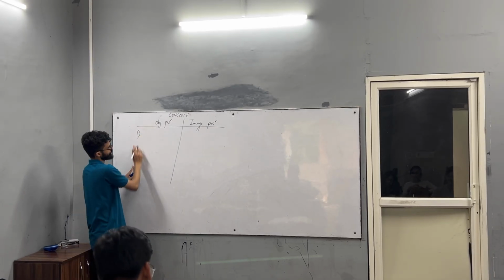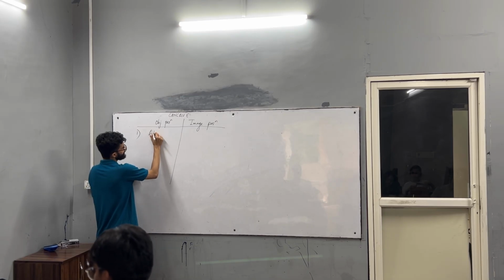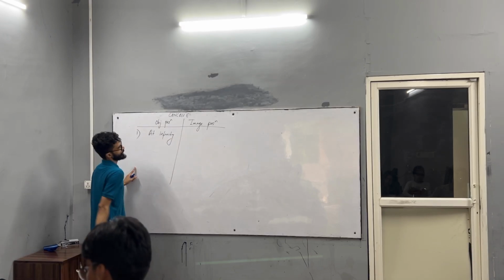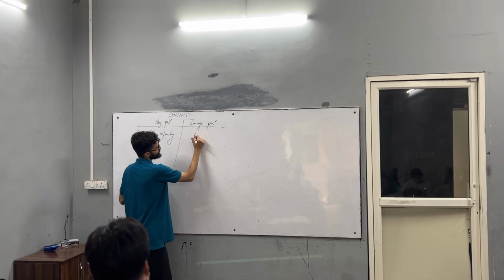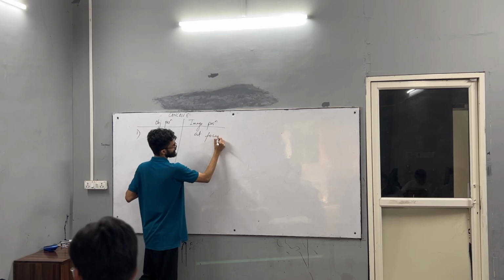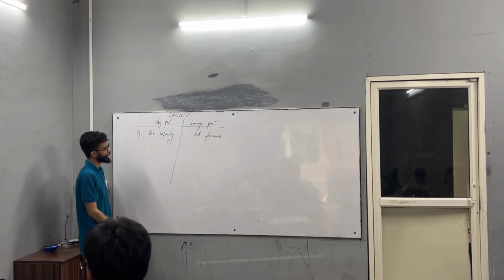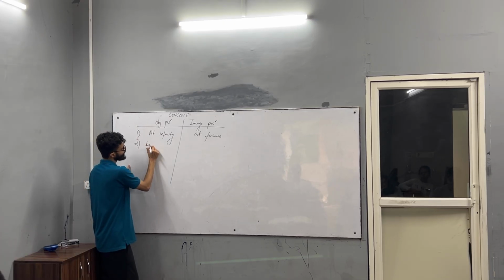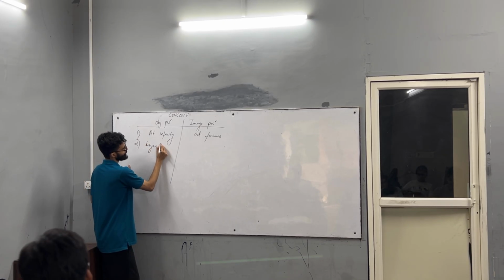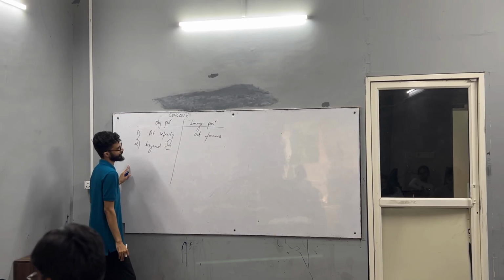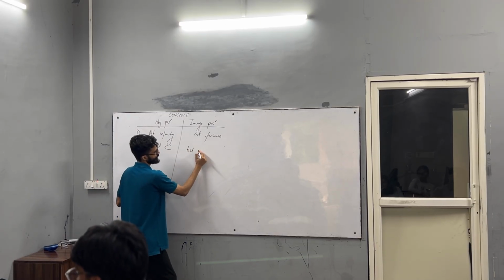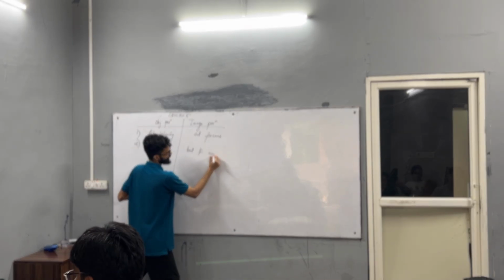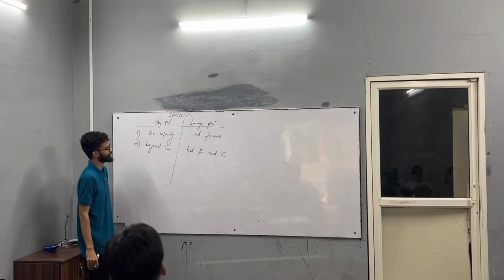First scenario, if the object is at infinity, so will the image be formed at focus? Just look at this pattern. Second, suppose beyond center of curvature, capital C, then between focus and center of curvature.